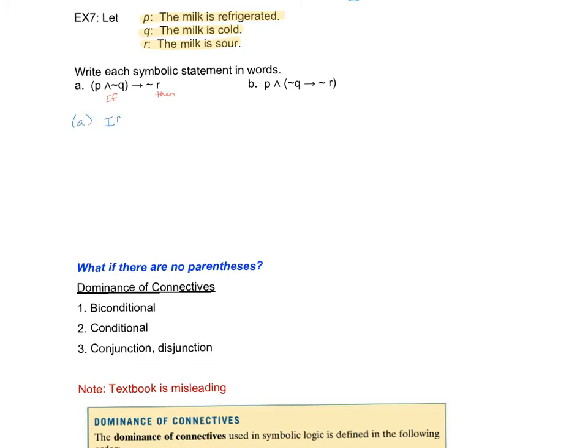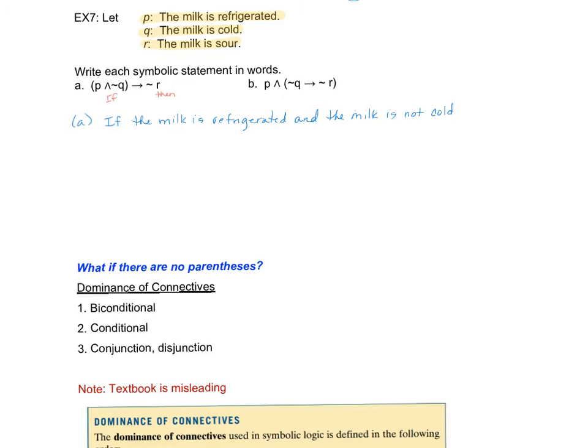So if the milk is refrigerated and not Q would be the milk is not cold, or you could just write and not cold, but I'll just do a direct translation of and the milk is not cold.